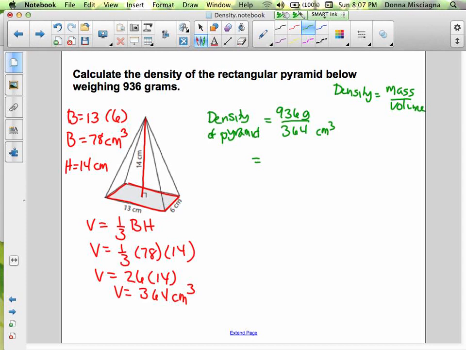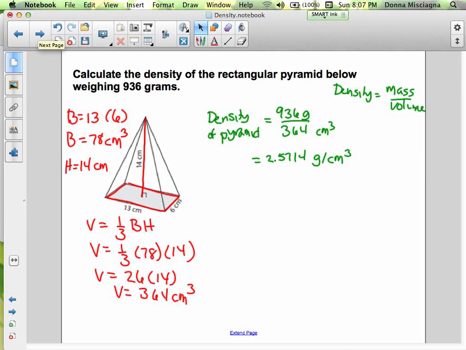We'll go 4 decimal places out, and it wouldn't round up, so 2.5714 grams per centimeter cubed. And there we go. So here we're combining what we learned in the previous lesson, volume, and using that to find density, our current lesson.